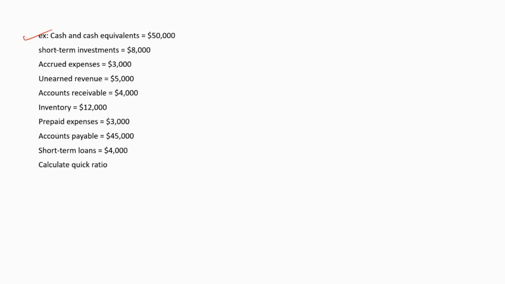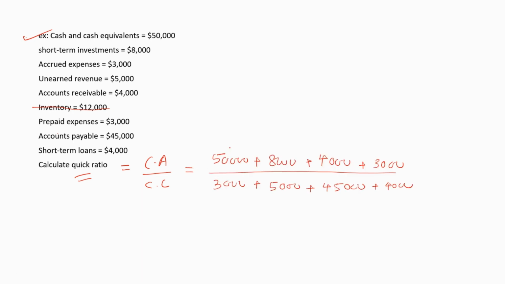Now let's do this example. This is the same example as before. Now we have to calculate the quick ratio. The inventory level here is not relevant to the calculation because we do not consider the inventory in the quick ratio calculation. We can simply ignore the inventory value. So this is the cash and cash equivalents, this is the short-term investments, this is the accounts receivable, and this is the prepaid expenses.